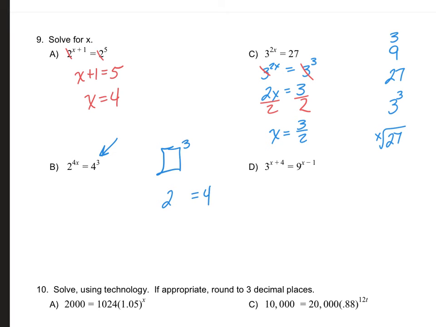So basically, 2 to what power is 4? That one we can do with mental math: 2 squared is equal to 4. So since 2 squared is equal to 4, we can replace the 4 with its equivalent, 2 squared. So what we end up with is 2 to the 4x power equals 2 squared to the 3rd power.